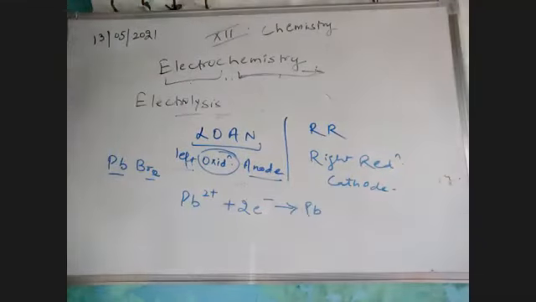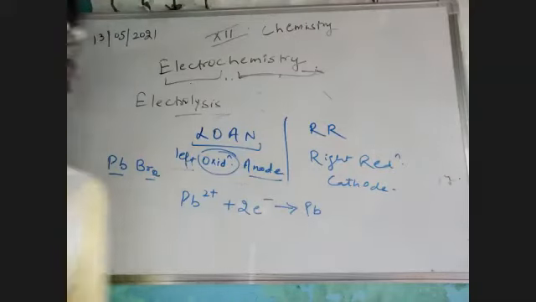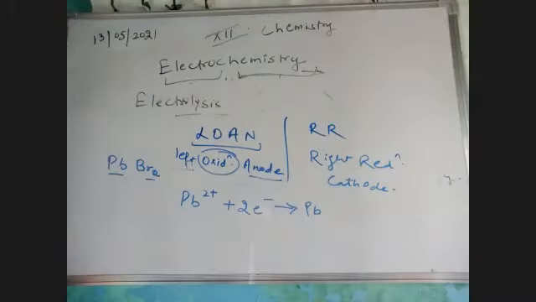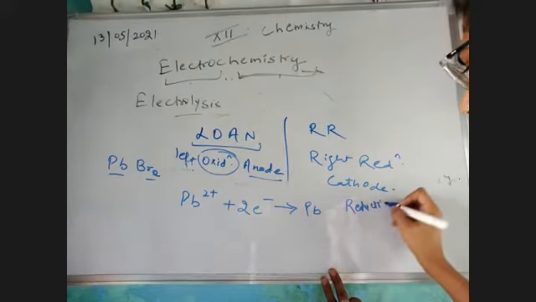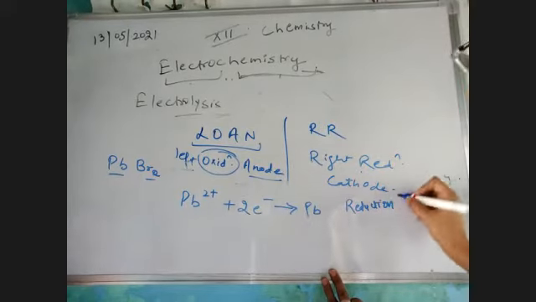At lead, the electron is taken up, that is reduction is taking place. And we have understood that reduction takes place at the cathode.